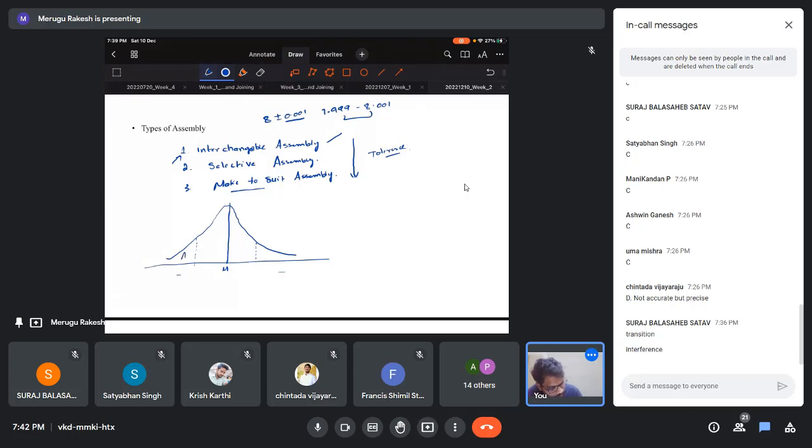Let me take a product, and this is the range I am talking about. Say ABCD is one lot produced somewhere else, and this is lot 2 produced somewhere else. So this mu can vary. From lot 1 I will take the bolt, and from lot 2 I will take the nut.